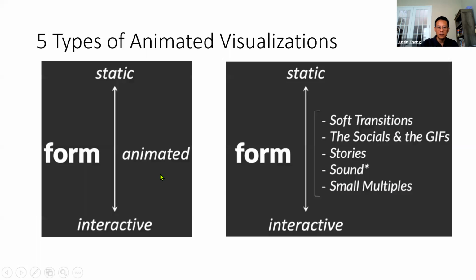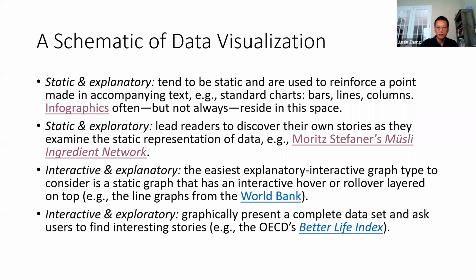The third type is interactive and explanatory. Explanatory means it's going to answer or address a question, and it's also interactive. So here is an example from the World Bank.